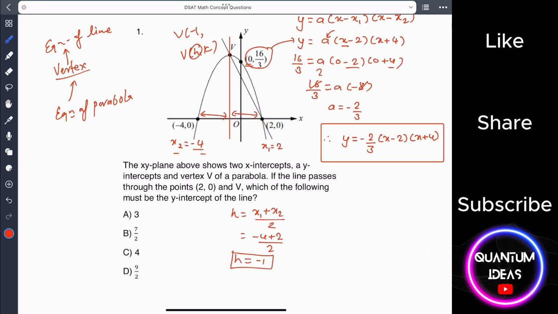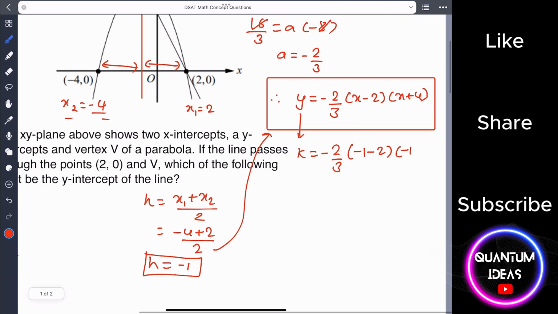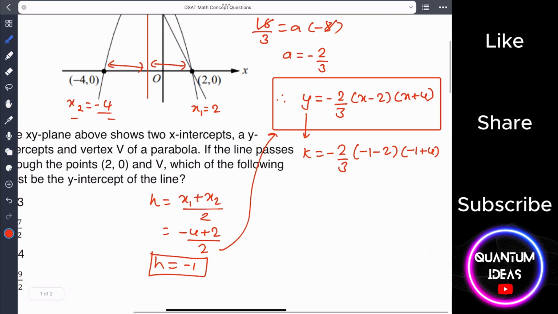Now to find the y coordinate, you can use the equation of this parabola, right? So to find k, the y coordinate, let me plug in y = k = -2/3 times (x - 2)(x + 4). What is our x? For the vertex, x is -1. So -1 - 2 and -1 + 4.